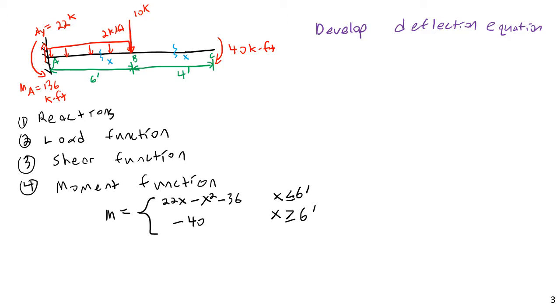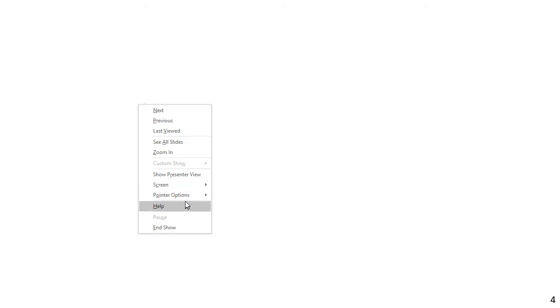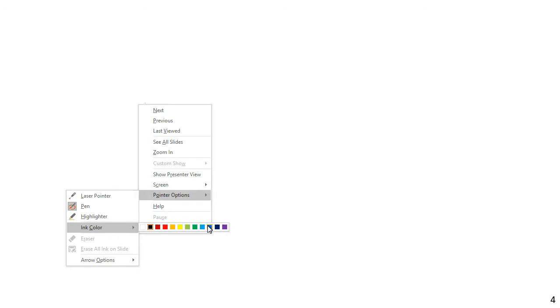Okay, so I am going to refer to this as region 1, and this is region 2. Just like I had a moment 1 and moment 2, I'm going to have a theta 1 and a theta 2, a y1 and a y2. So we want to find theta as a function of x and y as a function of x.